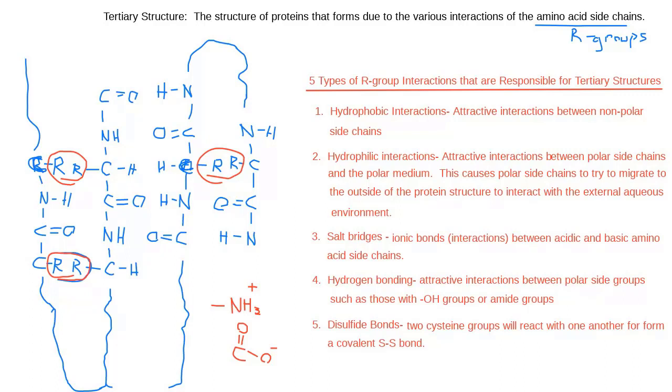So these are the 5 types of R group interactions that are responsible for tertiary structures. And these tertiary structures are ultimately what give the protein its function, allowing the protein to have the specific function and ability that it does.